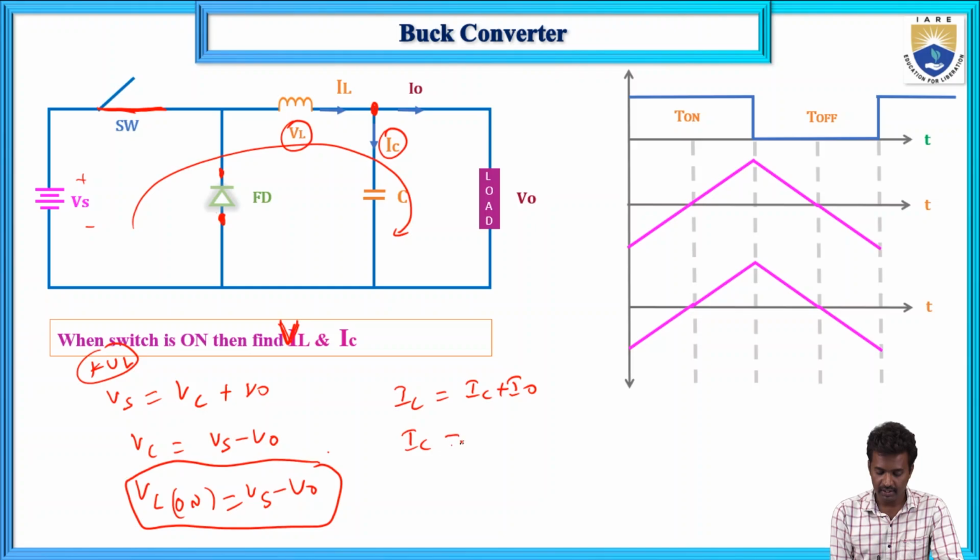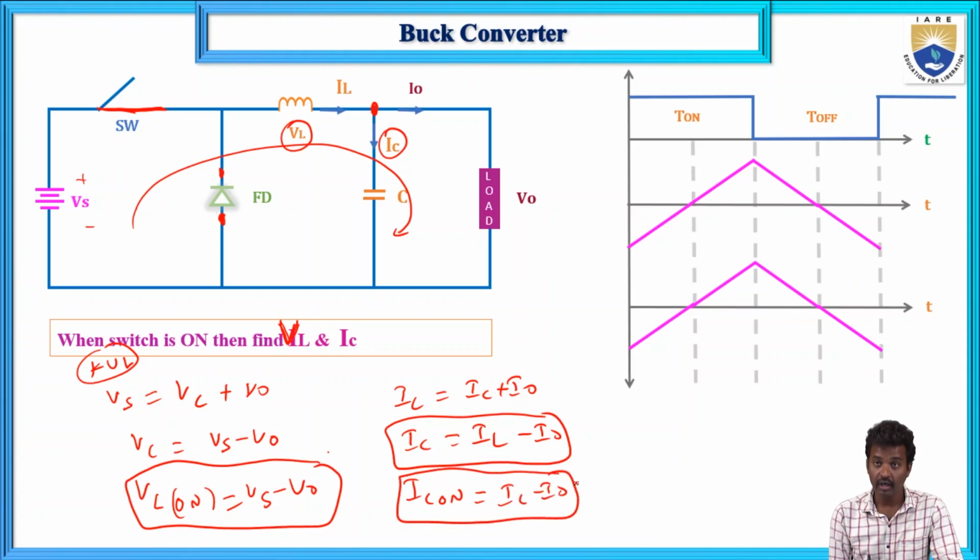So IC equals IL minus I naught, and IC on equals IL minus I naught. These are the formulas for VL and IC when the switch is on.